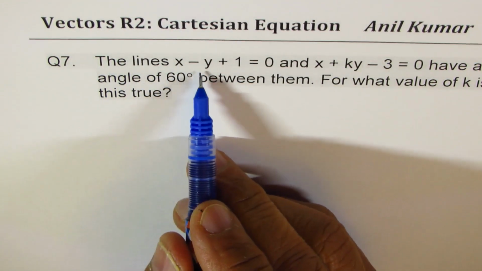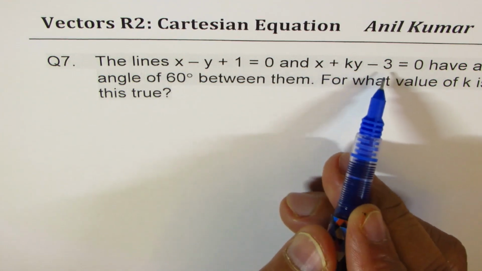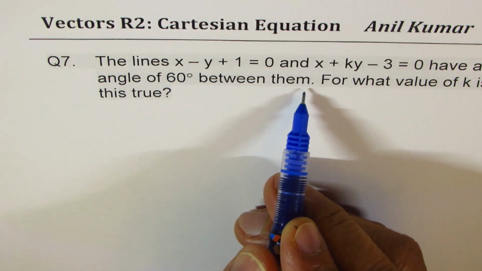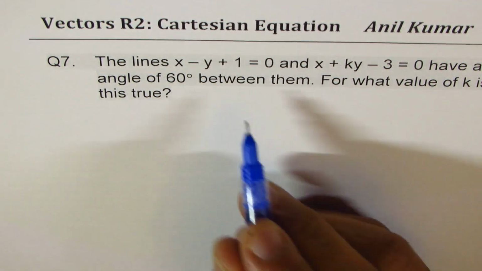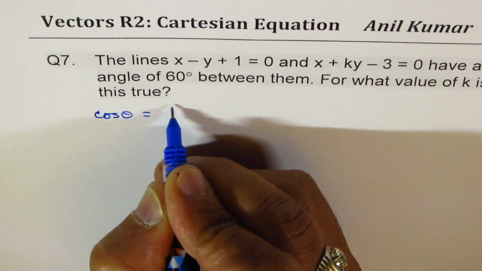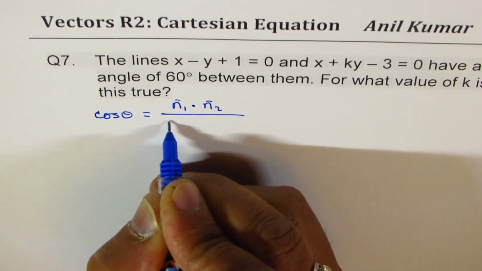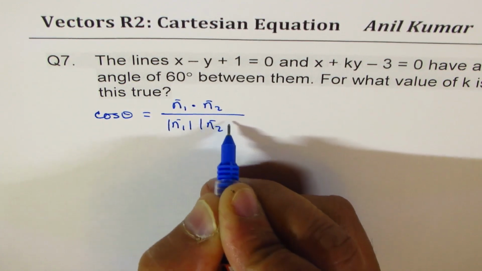The lines x minus y plus 1 equals 0 and x plus ky minus 3 equals 0 have an angle of 60 degrees between them. For what value of k is this true? So we'll use the previous formula, which is cos theta equals n1 dot n2 divided by the magnitudes of n1 and n2, correct?